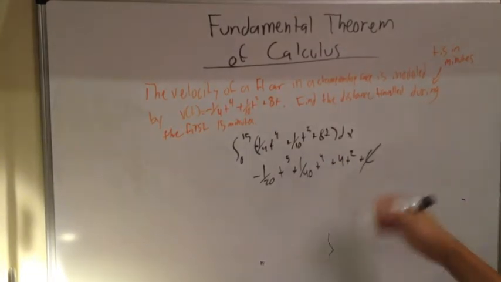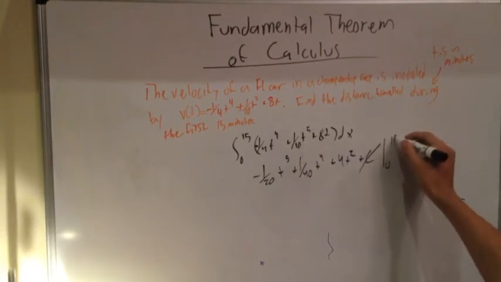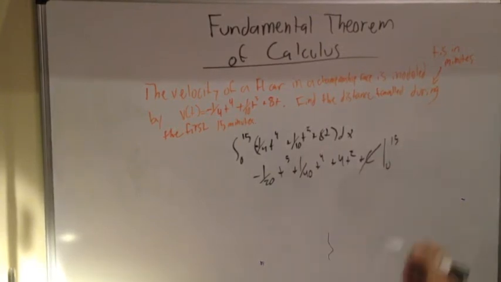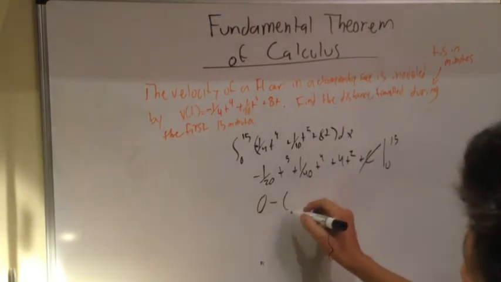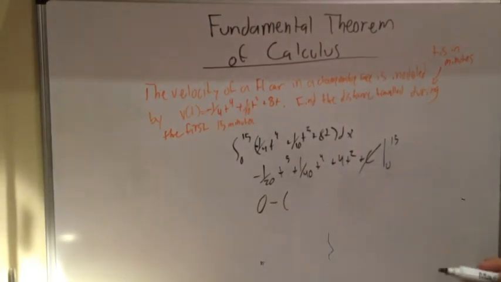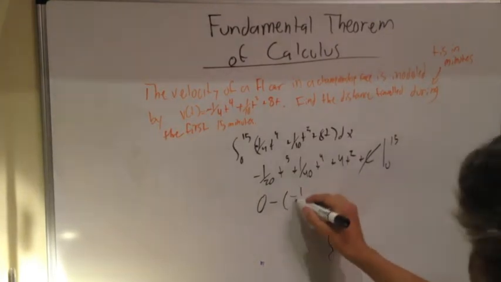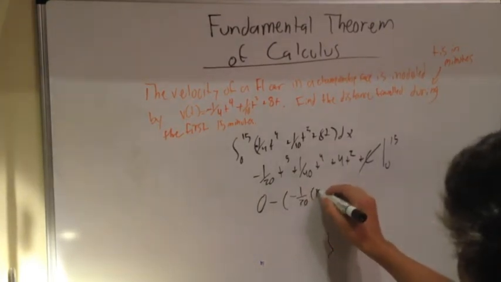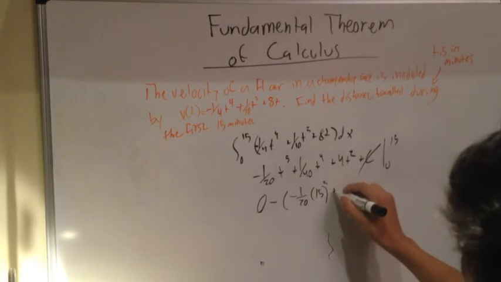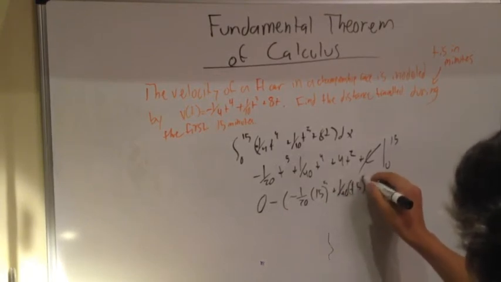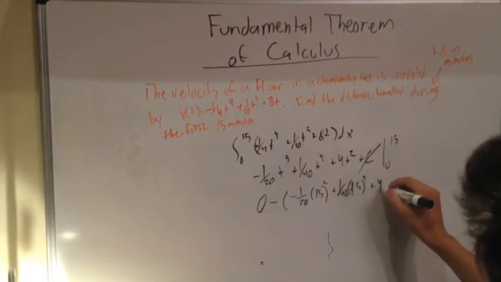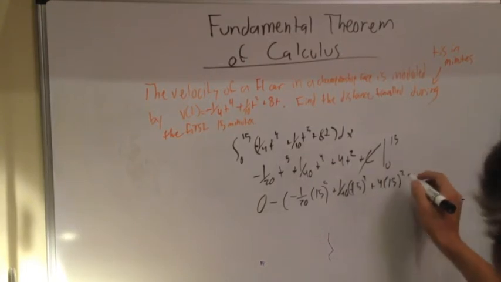We can take it from 0 to 15. If you plug in 0, you get 0, so 0 minus. And now if you plug in 15, you get negative 1 over 20 times 15 to the power of 5, plus 1 over 40 times 15 to the 4th, plus 4 times 15 squared.